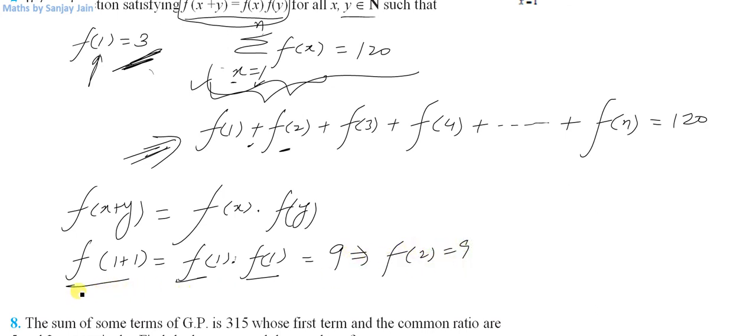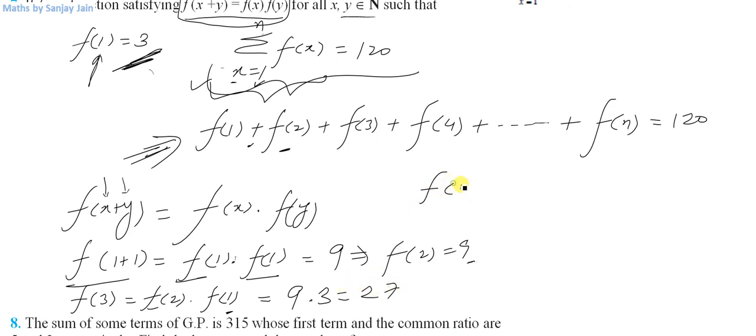How can I think about f of 3? Now let me put x equal to 2 and y equal to 1. So f of 3 will be equal to f of 2 into f of 1, that is equal to f of 2 is 9 and f of 1 was 3. So it is equal to 27. How do you think about f of 4? It will be equal to f3 into f1. So what I'm doing is, whichever term I want, I am multiplying its previous term by 3. Right? That is how I am getting the next term.